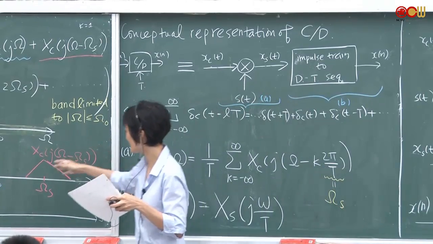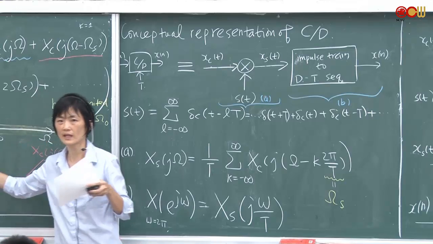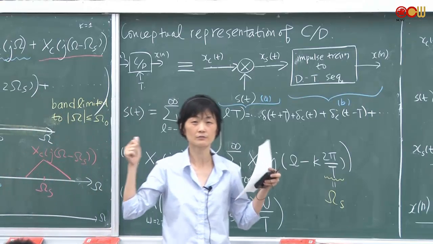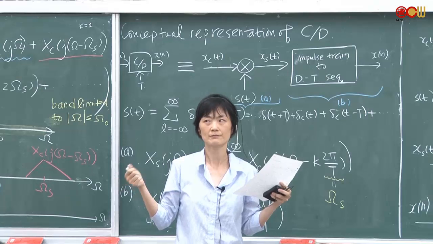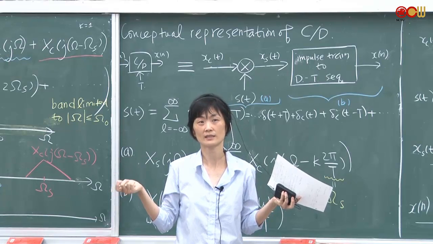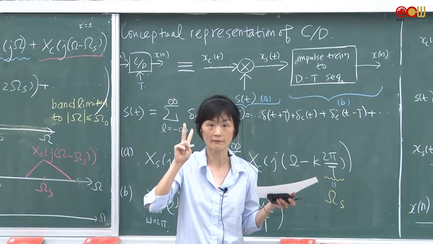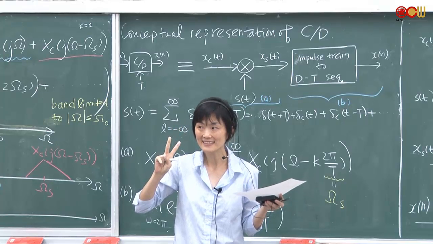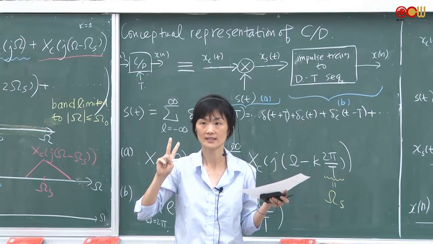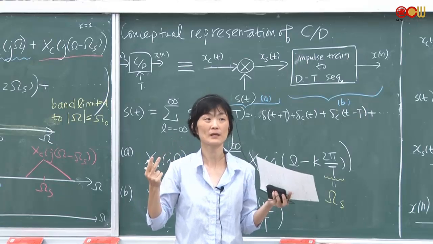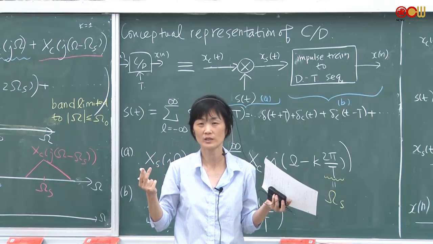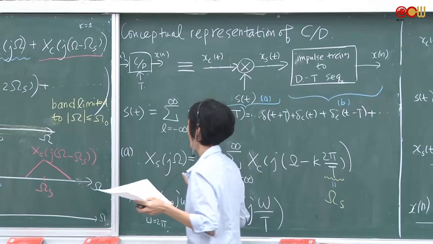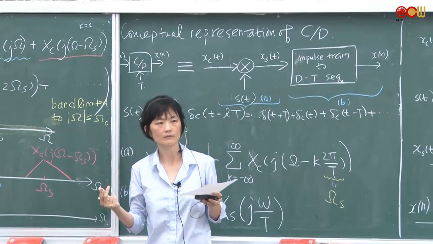From Xs to X(e^j omega) is simply a frequency scaling. If X is periodic with a period of 2 pi, then Xs should be periodic as well. If it's not periodic, then we are ruined, okay? It should be periodic as well, right?